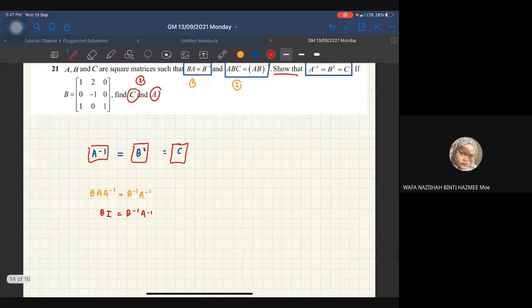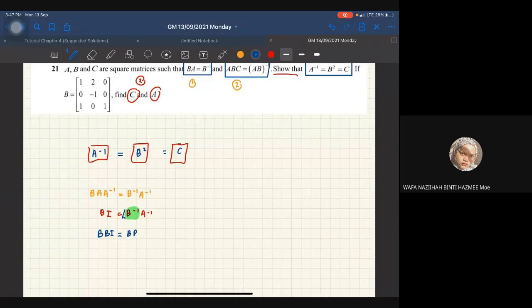Okay, and then soalan nak kita cari A inverse. So hilangkan B inverse yang di belakang ni. So kita akan darabkan both sides dengan B. Okay, so now we multiply with B pula. So B times I. Saya letak dekat depan sebab saya nak hilangkan B inverse tu.